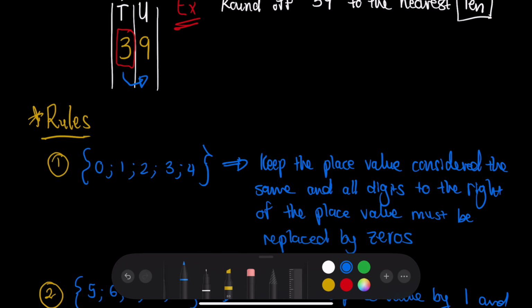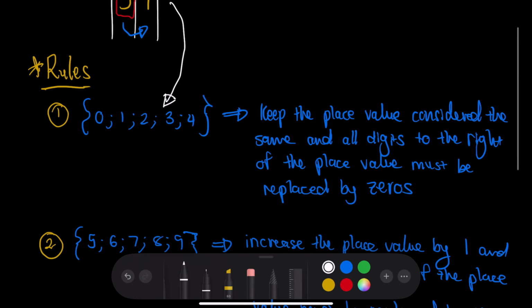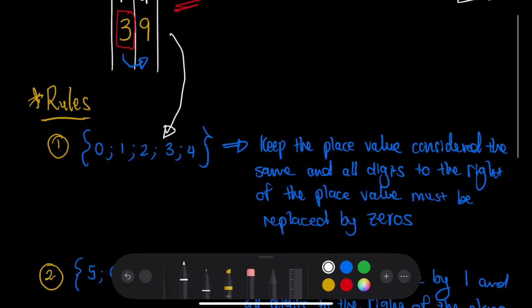If the digit to the right is between 0 to 4, I must keep the place value as it is and replace all other digits next to that place value by 0.